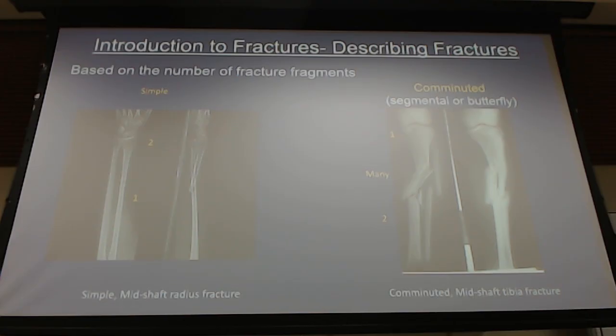And so if you look at the right picture, that says many, you've got a segment of bone, but you also have some other small pieces of bone at that fracture site as well. You guys see that? That is a comminuted fracture. It is still a segmental fracture because you've got a segment of bone, right? Full segments of bone with a bunch of additional small pieces.